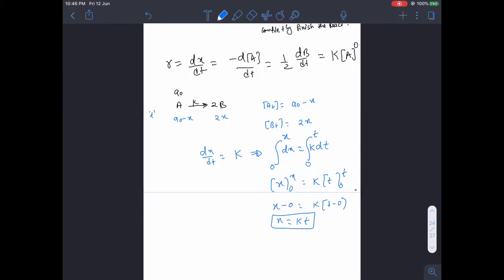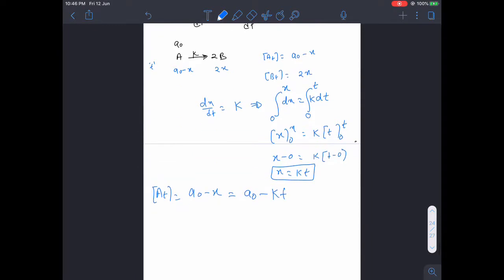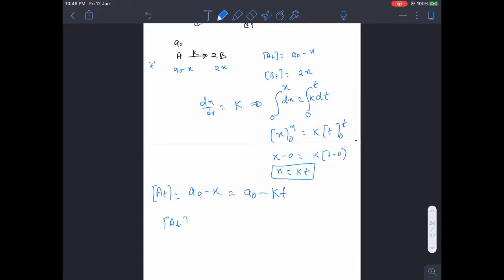Solution number 1: A as a function of time is A naught minus x, which is equal to A naught minus Kt. So, I got A at time t is equal to A naught minus Kt. Similarly, B is equal to 2x, which is nothing but 2 into Kt.